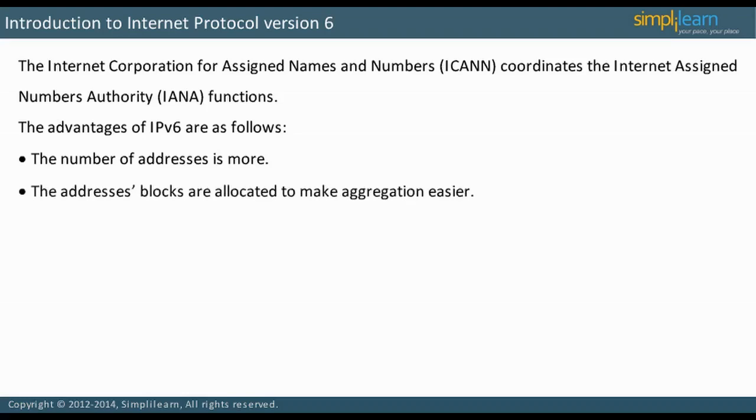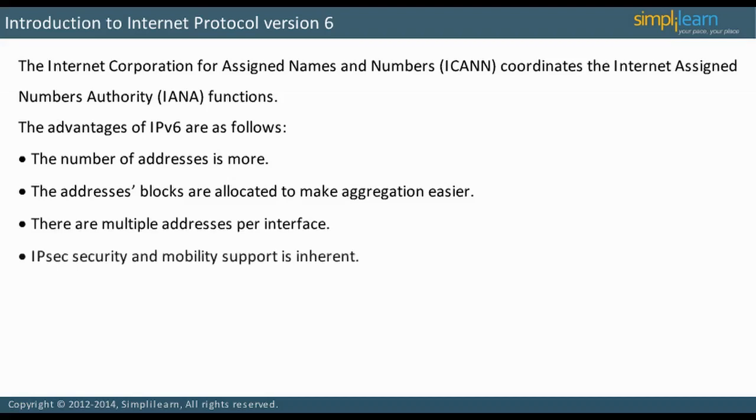The blocks of IPv6 addresses are allocated to make aggregation easier than IPv4. The need for network address translation, port address translation, NAT/PAT, does not exist. In fact, in IPv6, there are multiple addresses per interface. IPsec security and mobility support is inherent in IPv6.